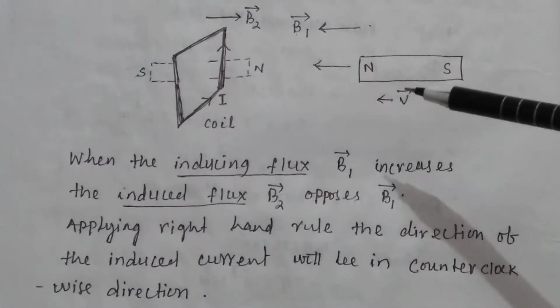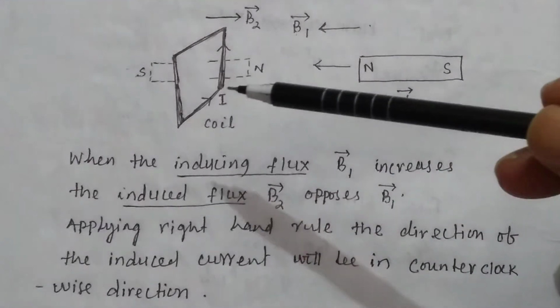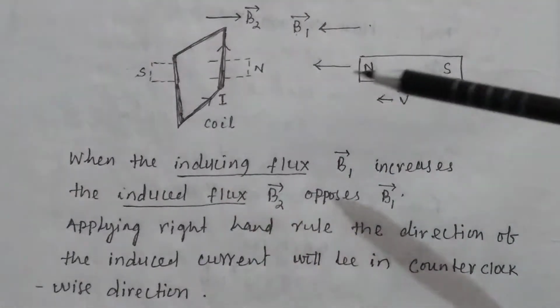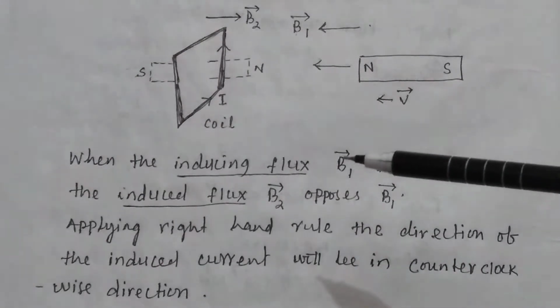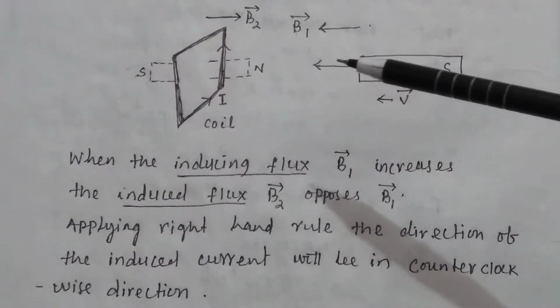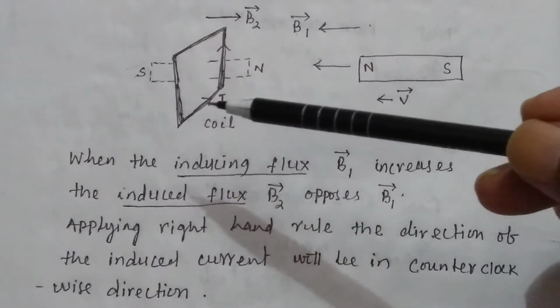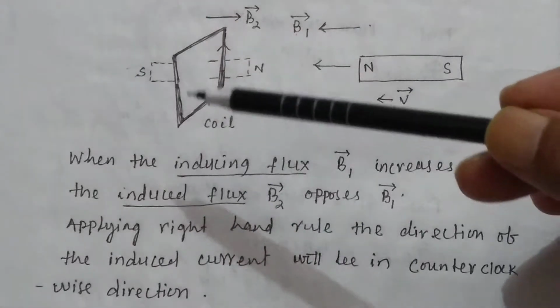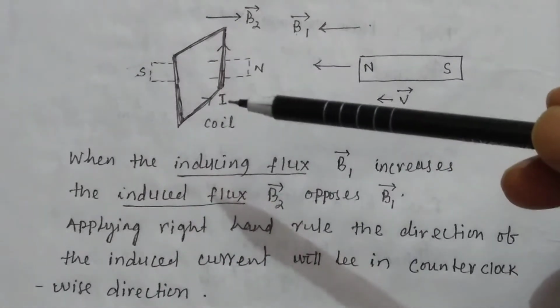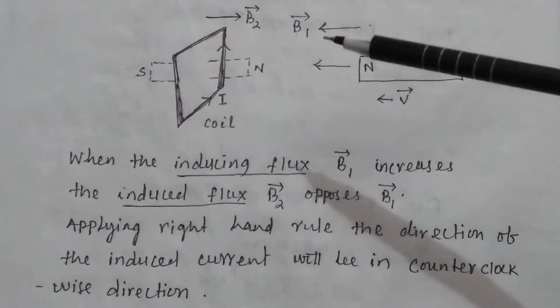Now look at this figure. Suppose this is the magnet and this is the coil, and this magnet produces some flux which impinges on this coil. This is called the inducing flux.